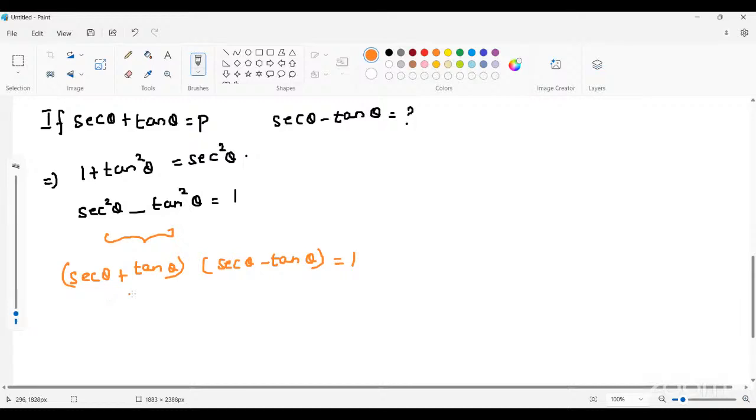We know secant theta plus tan theta is P. P into secant theta minus tan theta is equal to 1. So secant theta minus tan theta will become 1 by P. That's all. See how beautifully, how very easily we proved it, isn't it?